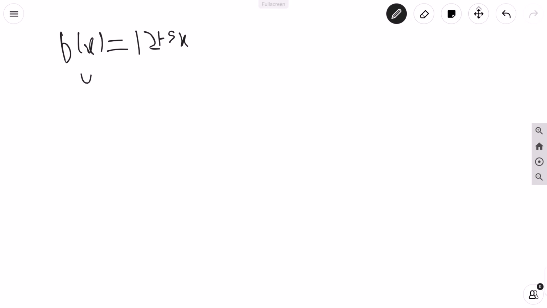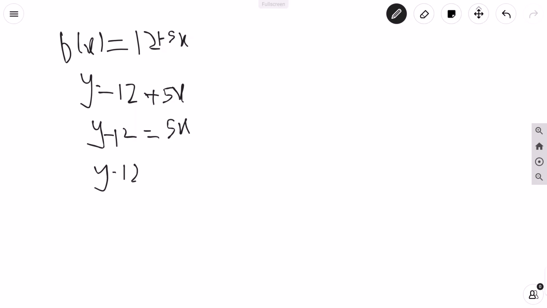And then I'm going to put y equals 12 plus 5x. And then it's going to become y minus 12 equals 5x. And then it's going to become y minus 12 by 5 equals x.